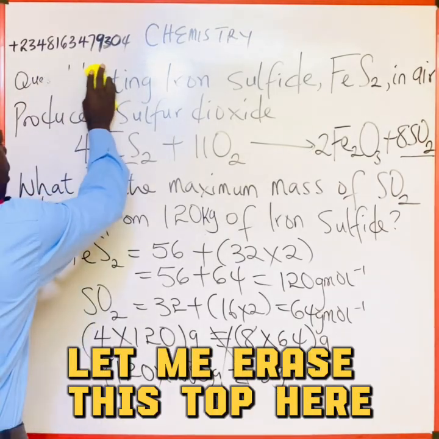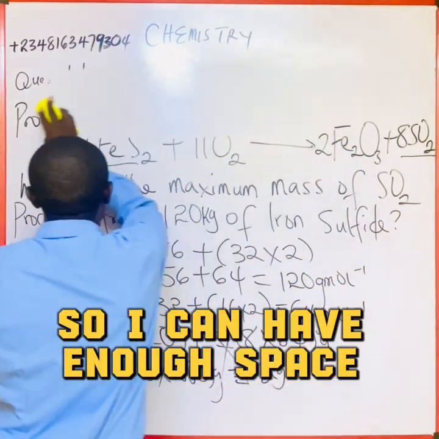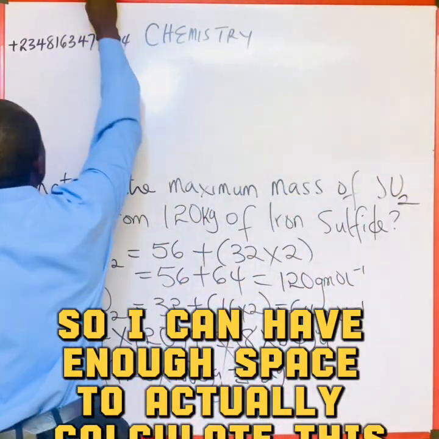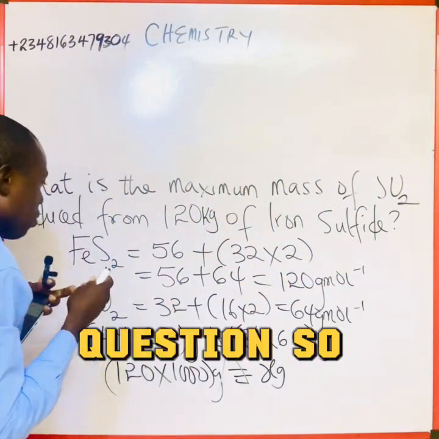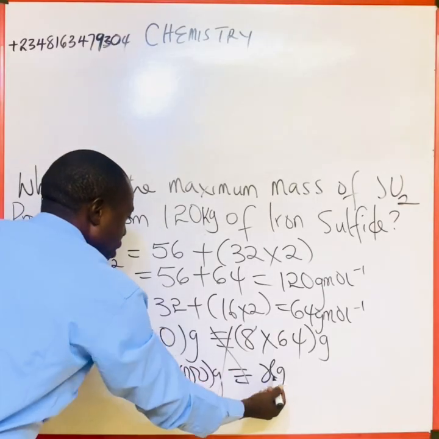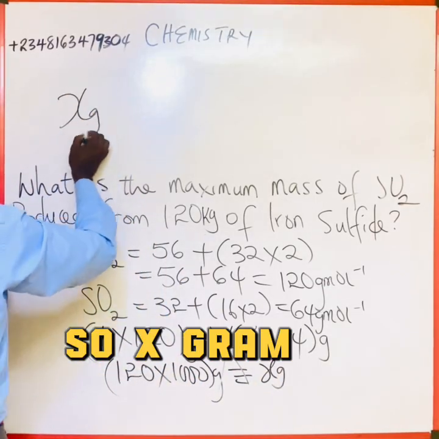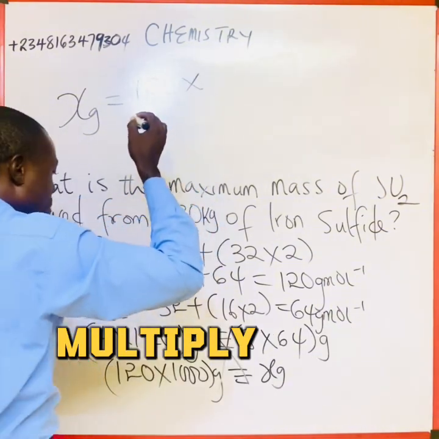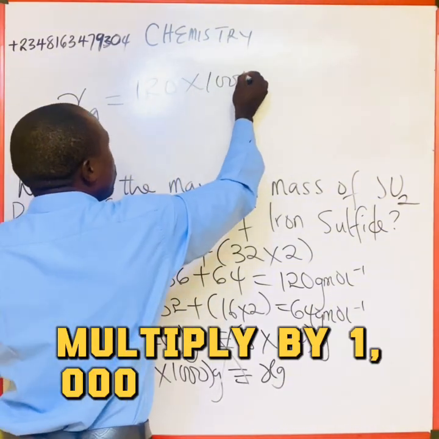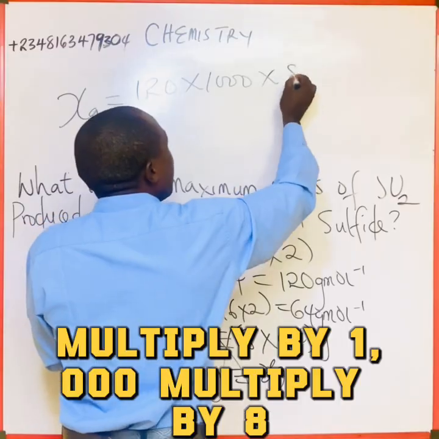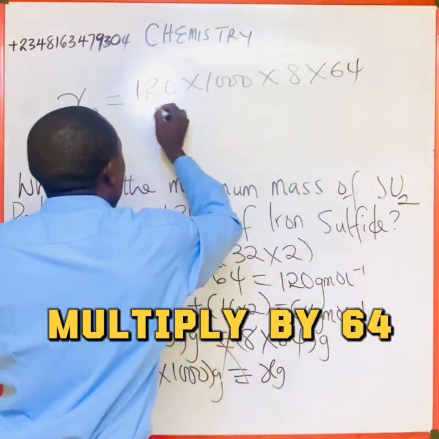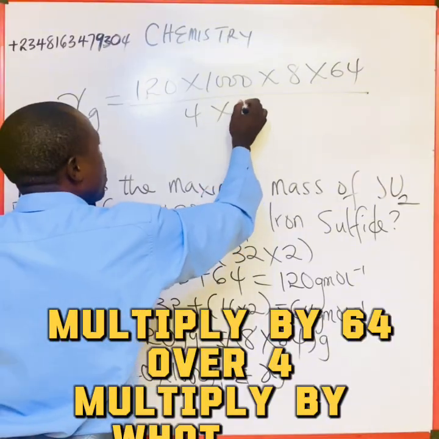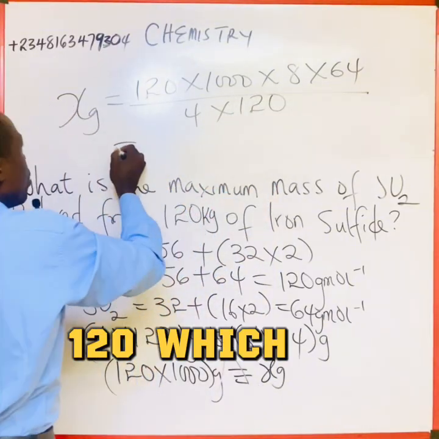Let me erase this top here so I can have enough space to calculate this question. So when I cross multiply, x gram is equal to 120 multiplied by 1000 multiplied by 8 multiplied by 64, over 4 multiplied by 120.